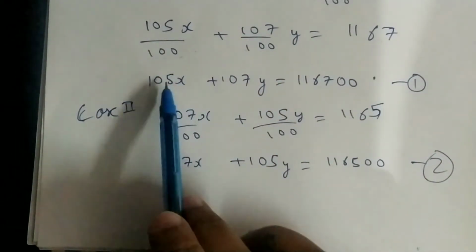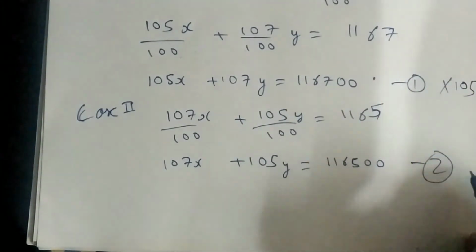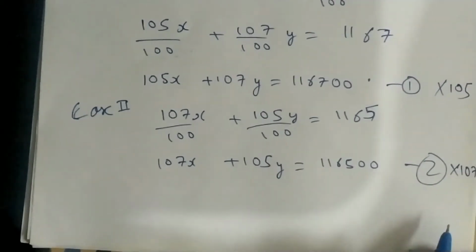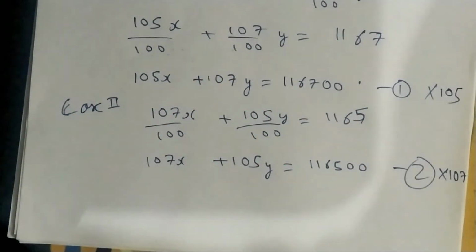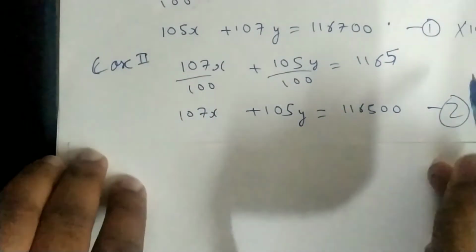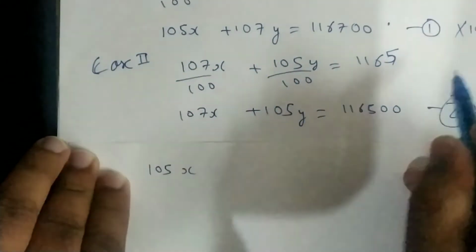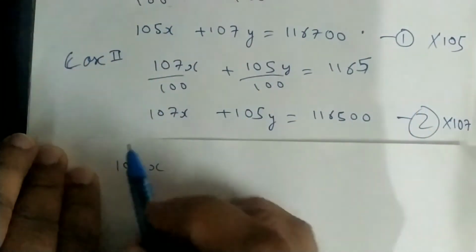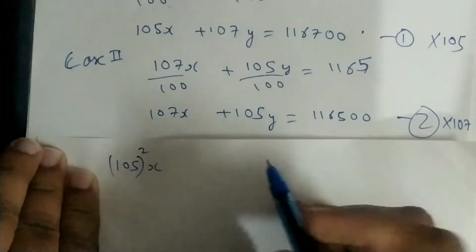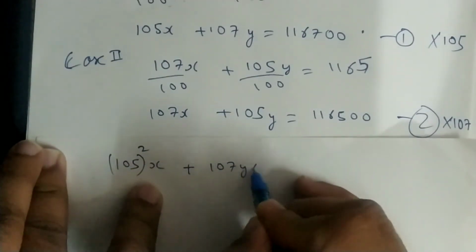So we can multiply this by 105, this by 107. Then on subtraction, we will get only one variable, and we can solve this easily. But no need to multiply the exact equations. For example, first equation will become 105 x, so when we multiply 105 here, it will become 105 square x, plus 107y multiplied by 105.